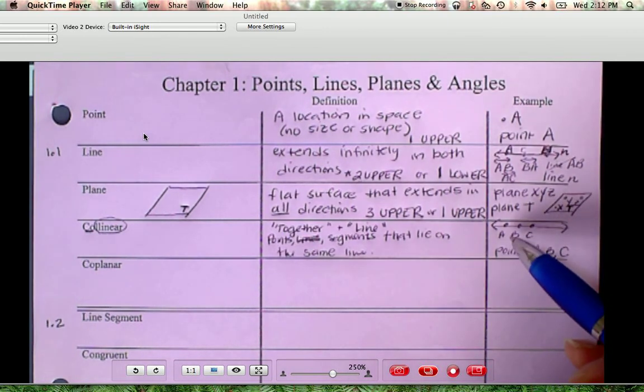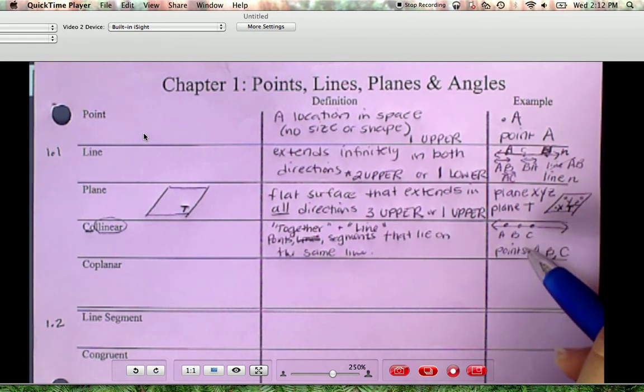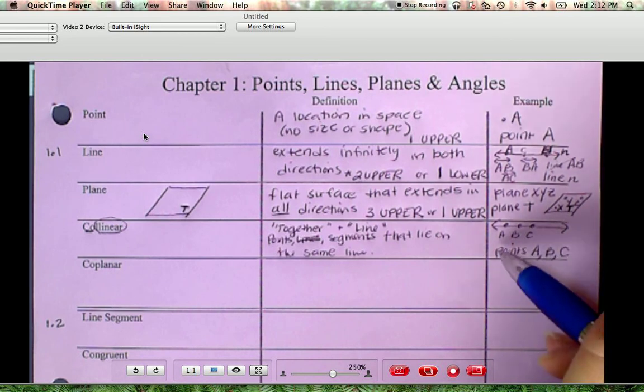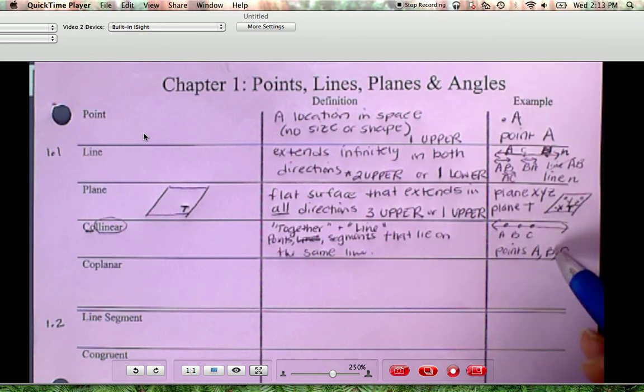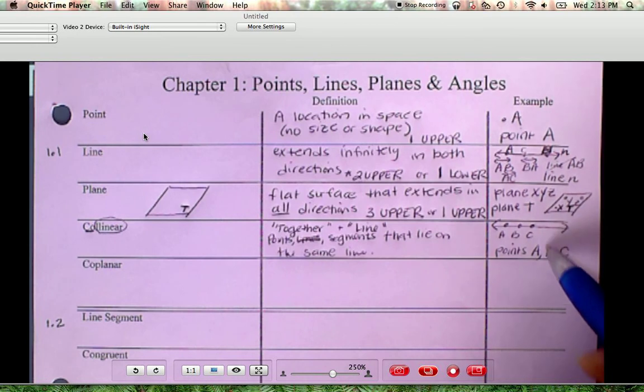But if I ask you to name 3 collinear points, then you are saying 3 separate points, point A, comma, point B, comma, and point C. Different from a plane. Different, okay? So it's important that you understand the difference. We are using uppercase letters because we're naming these points.